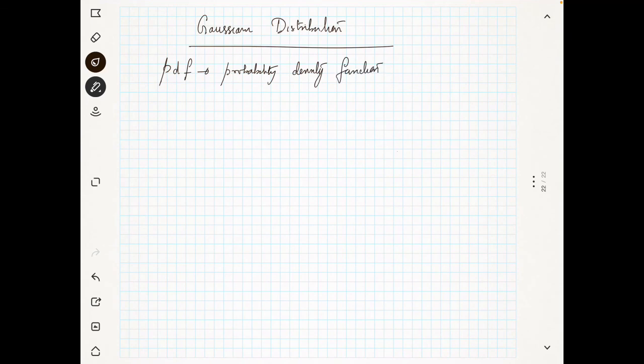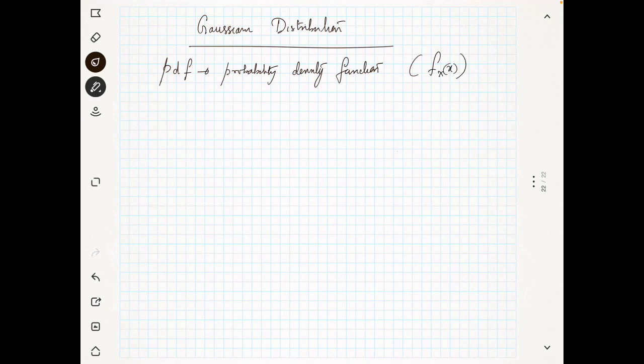Even though we say distribution, it is actually a pdf, the probability density function. That means we are talking about fx of x.